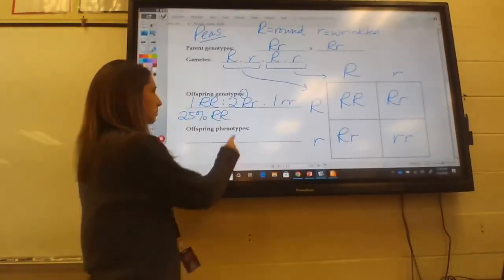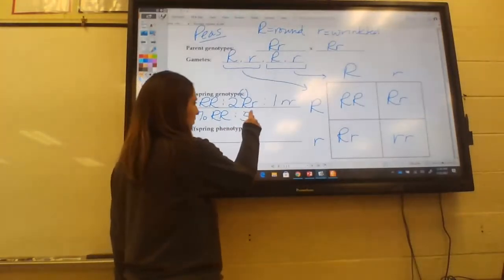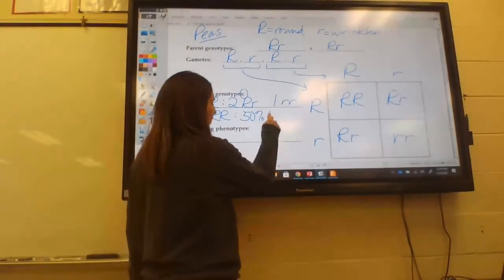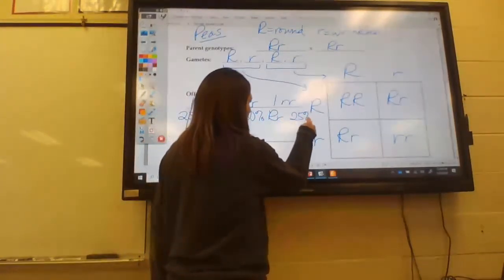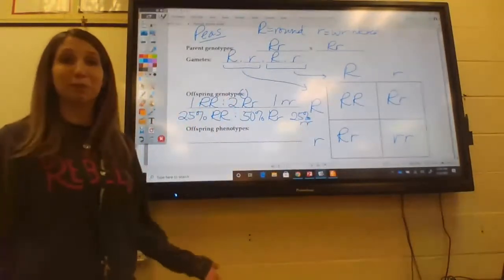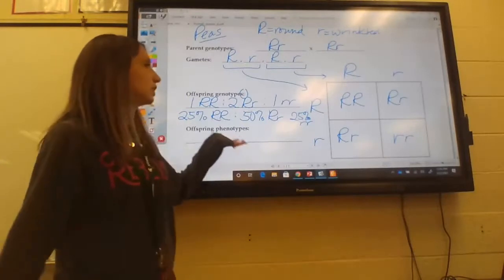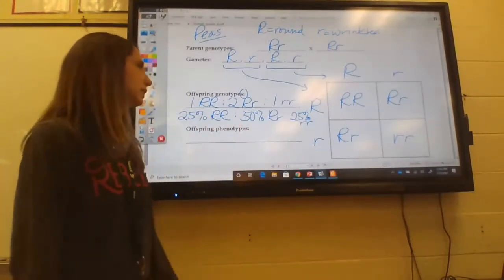So 25% big R, big R, compared to 50% big R, little r, compared to 25% little r, little r. Okay, same general meaning, right? I have 4 squares either way. It's just that with the percentage we can apply that to a lot of other scenarios.